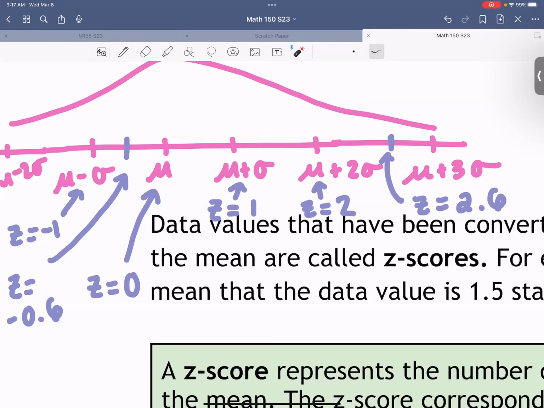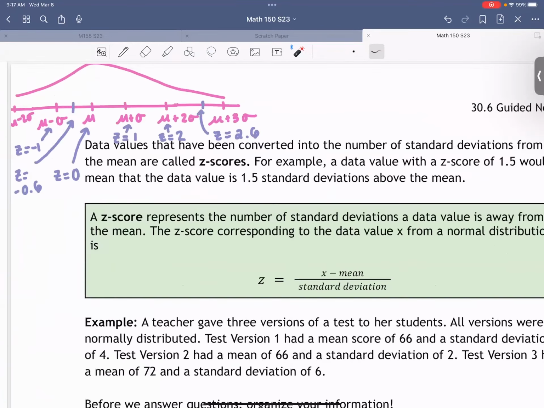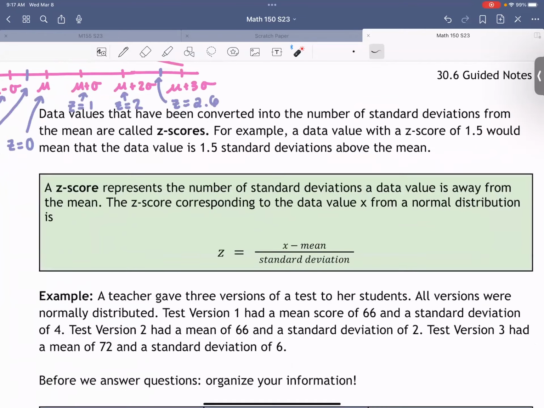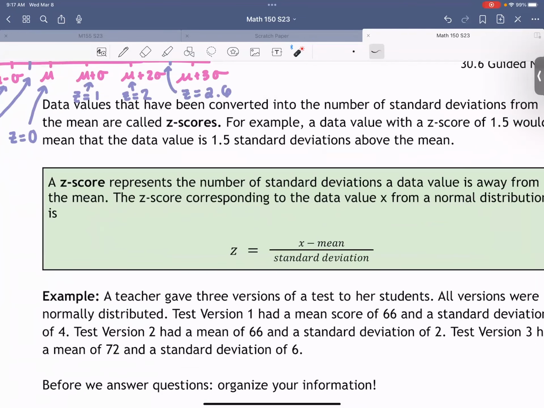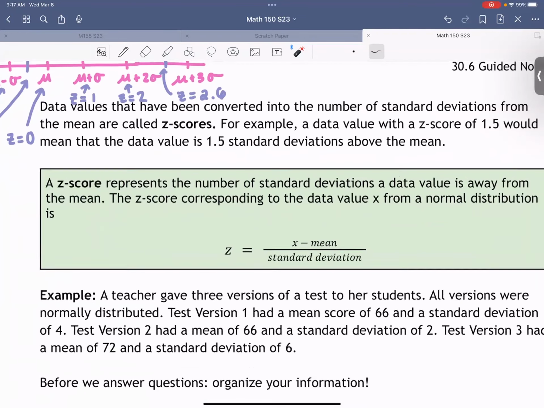So all we're talking about is we're giving a score that gives a number, a value on how many standard deviations above or below the mean that we are. Okay, we call this a z-score, okay? And the z-score has a specific formula that I'm going to tell you, you do have to memorize.